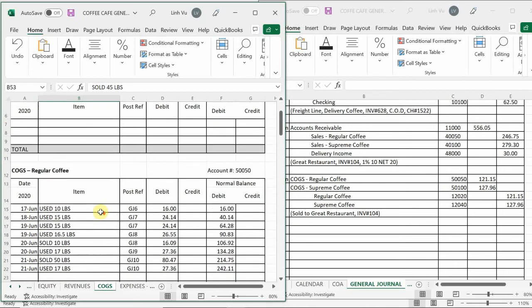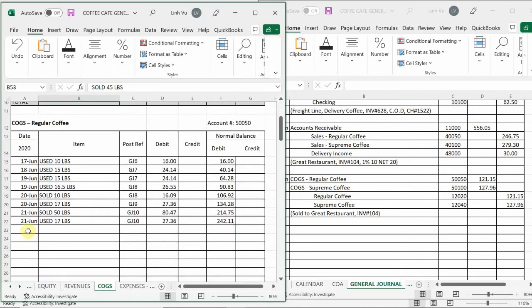How many pounds of regular coffee did we sell? 75. And how much did that cost me? 121.15.